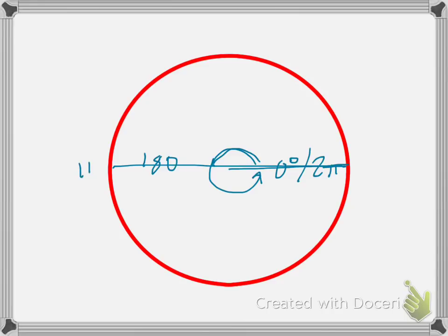So this would be pi radians. Correct. What if we keep splitting it up? What if we went right here? Well, that's just splitting in half again, so I would do pi divided by 2. So that's pi over 2 radians. Right. What if I took that and went in half? If I cut that in half, I'm going to divide pi over 2 by 2, which is pi over 4.